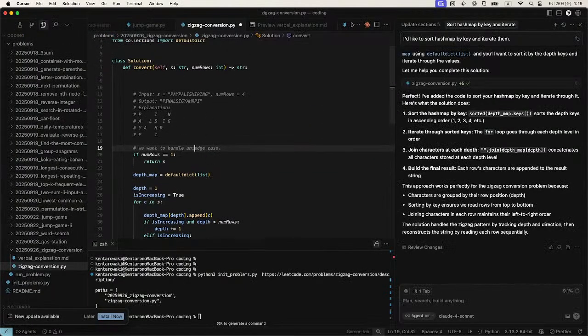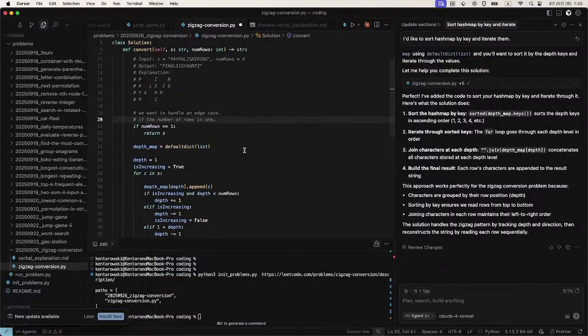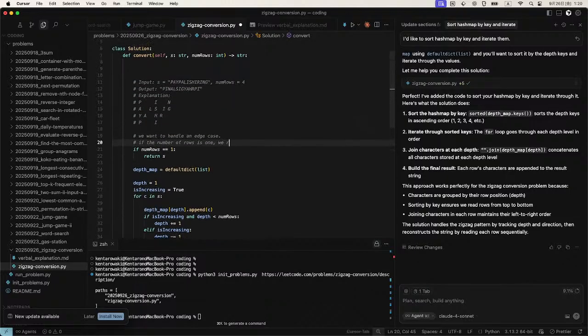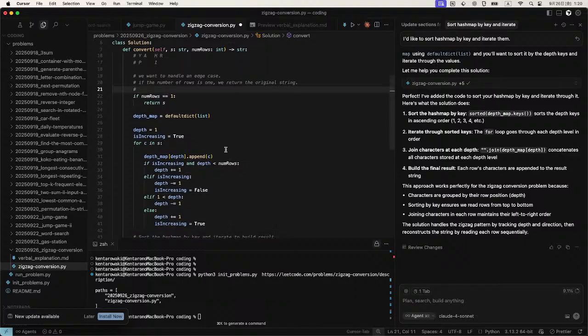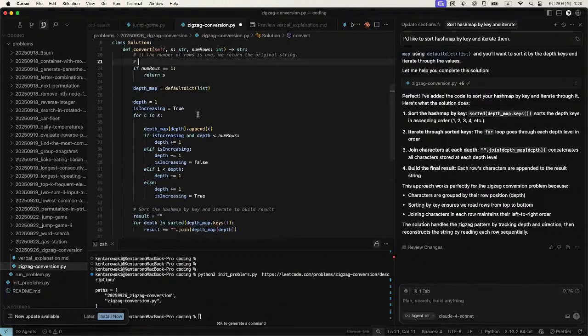We want to handle an edge case: if the number of rows is 1, and I want to say why this case cannot be handled the same as usual cases.